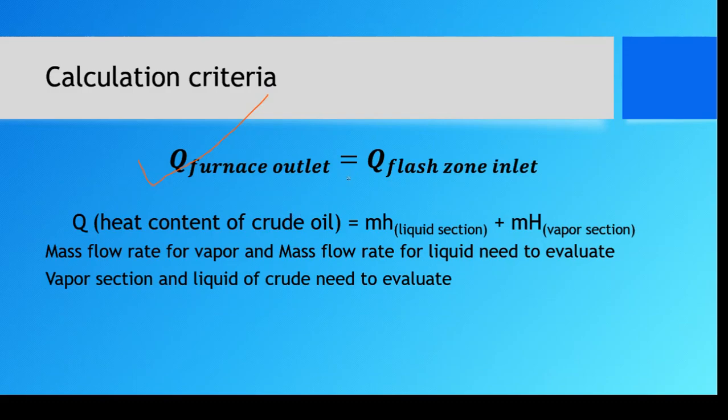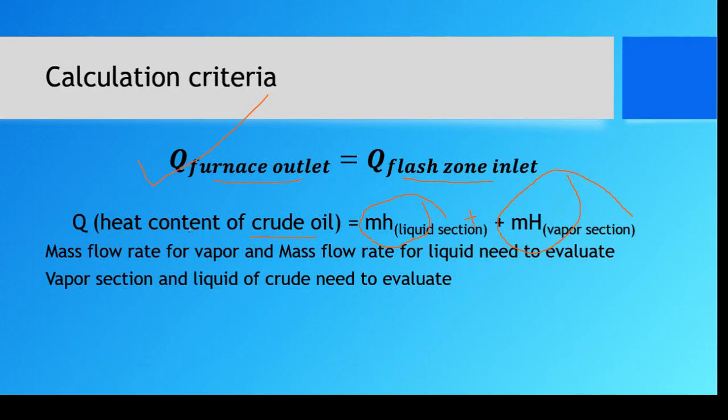So the criterion is clear to all of you: we have to go for the energy balance, and find the heat content of the crude oil at the furnace outlet and at the flash zone inlet. The heat content of any oil can be calculated, and because crude oil has two phases, one liquid phase and second vapor phase, we first have to find the energy associated with the liquid section, then the energy associated with the vapor section, and then add them.